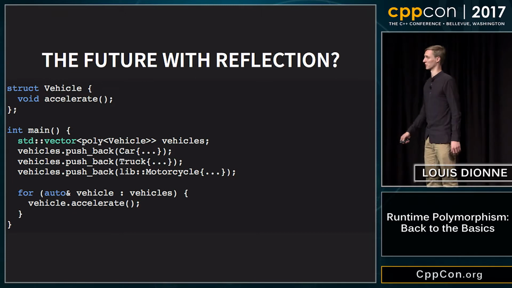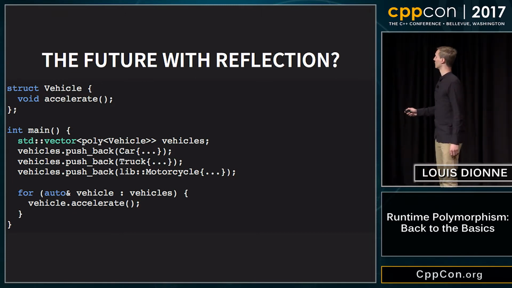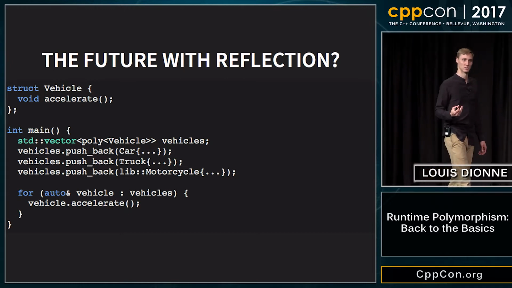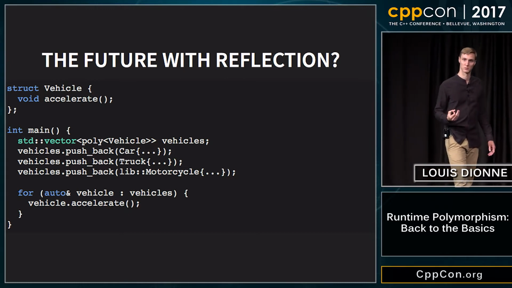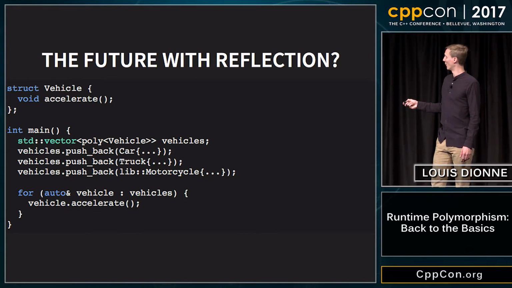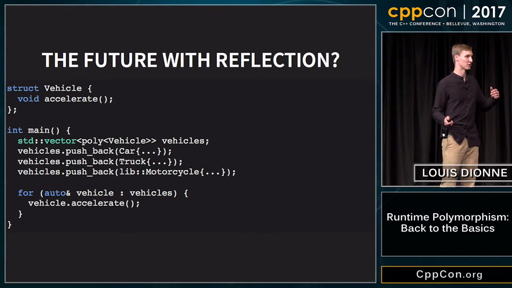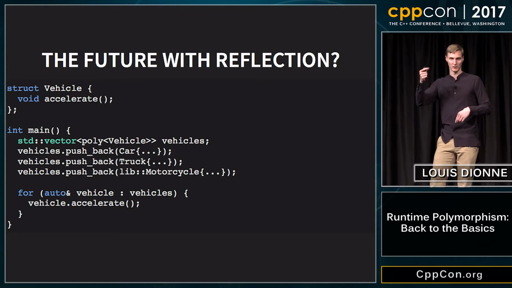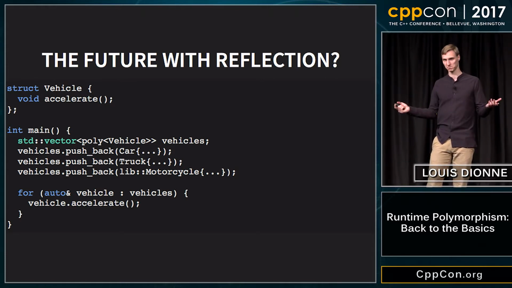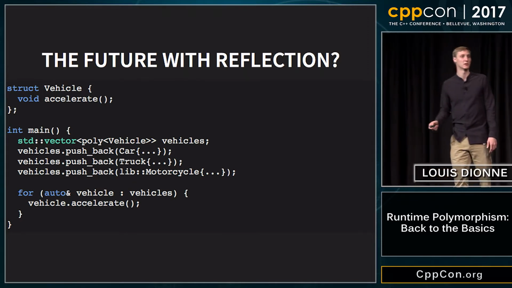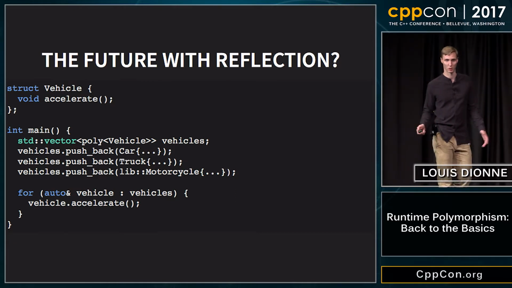But I think in the future we can actually get something much better. Say if we had reflection, I could take this struct vehicle and extract an interface from that, and then if I had something like code injection, my poly here could look at the interface for my vehicle and say, oh, I need to generate this method and that method, right? And then you wouldn't need any boilerplate.